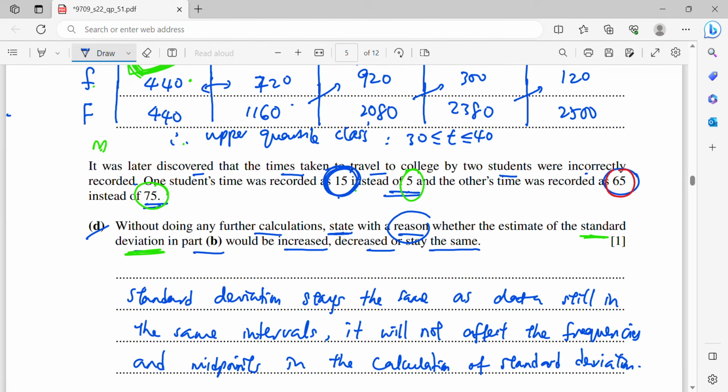They are in the same group and we do not use the actual value to count. We just refer to the frequencies and midpoints. So that's the solution for part D.